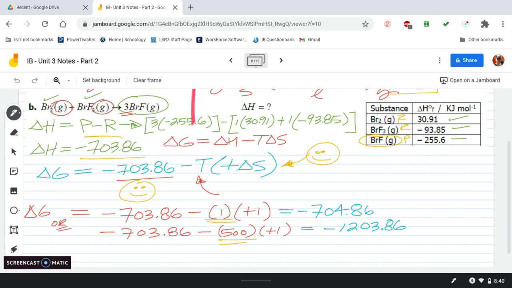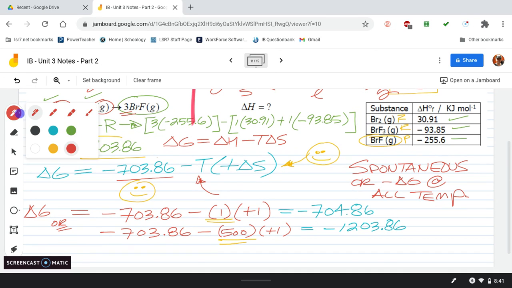And so at the end of the day, your answer is that this reaction is spontaneous. Spontaneous meaning that it works, or negative delta G at all temperatures, meaning it doesn't matter what temperature you're at, this is going to work.